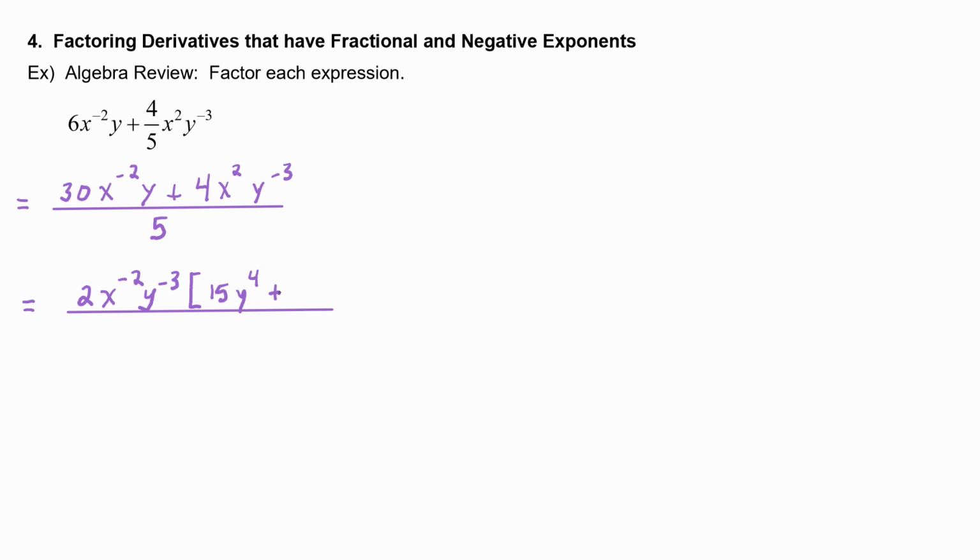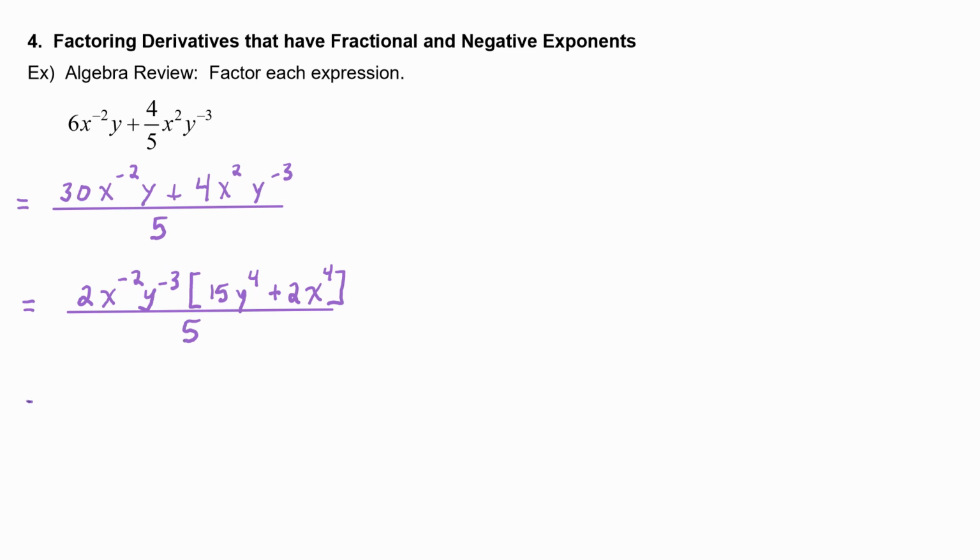Plus, if we do this term divided by this term, 4 over 2 is 2. X squared over x to the negative 2 will be x to the 4th. And y to the negative 3 over y to the negative 3 is 1. And we still have that 5 in the denominator.